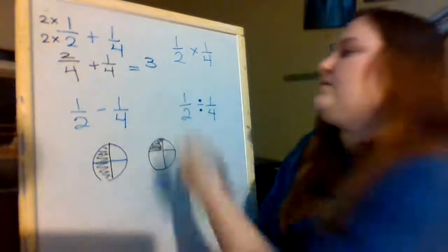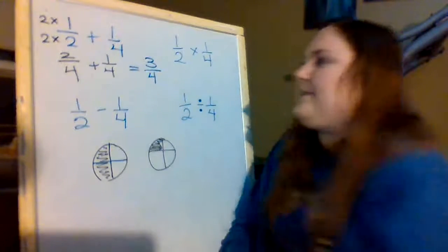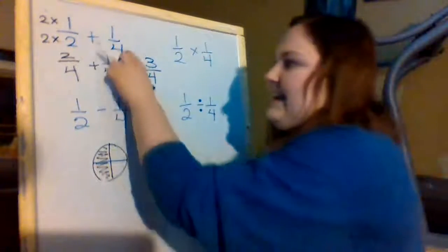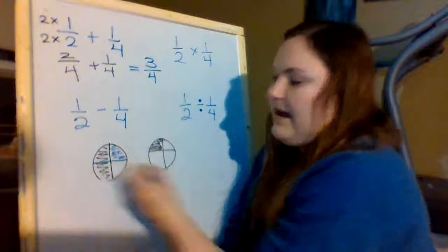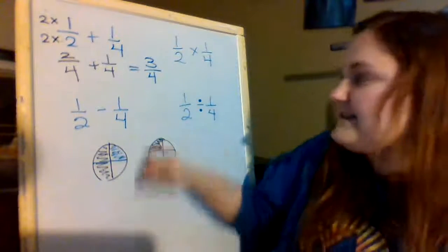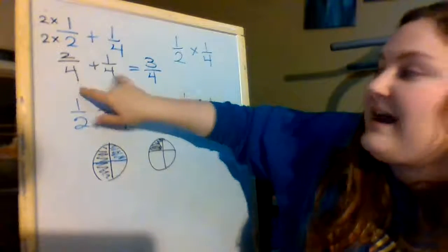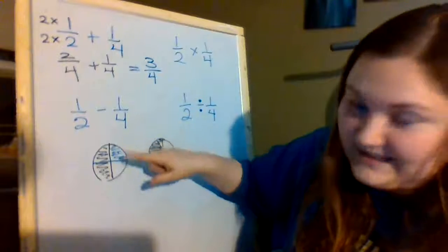When you go to add your fractions, that denominator stays the same. I have half a pizza. If I'm adding in 1/4 of the pizza, we now have 3 of those 4 slices. The pizza's always been out of 4 slices, so we're not adding the 4s together. We just now have 3 of the 4 slices.